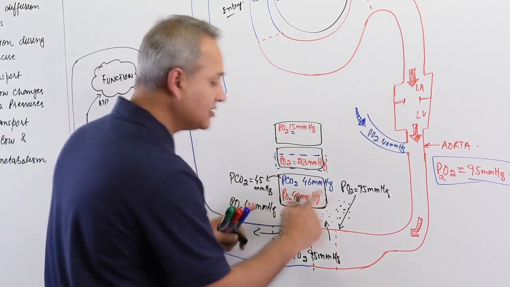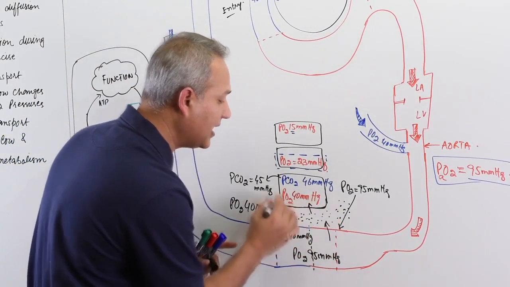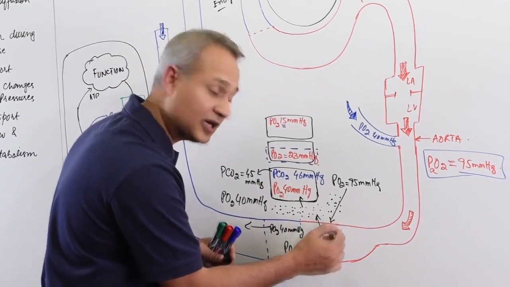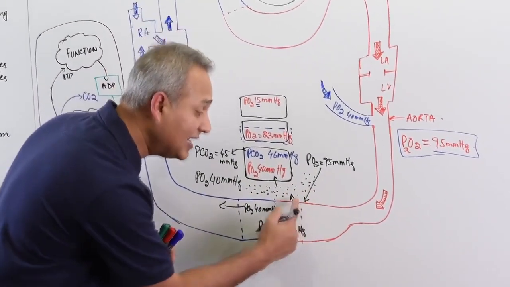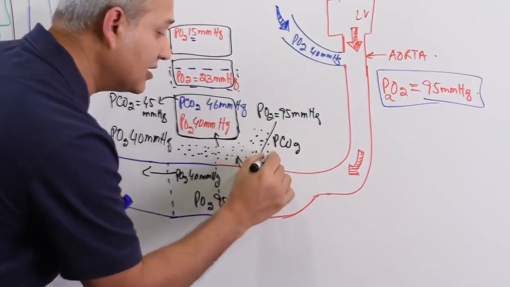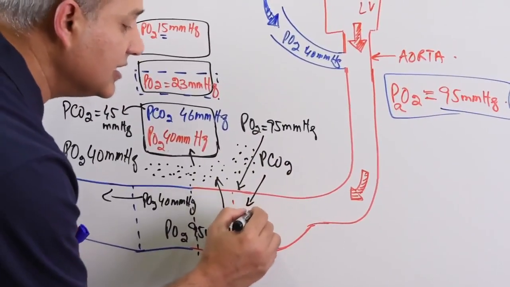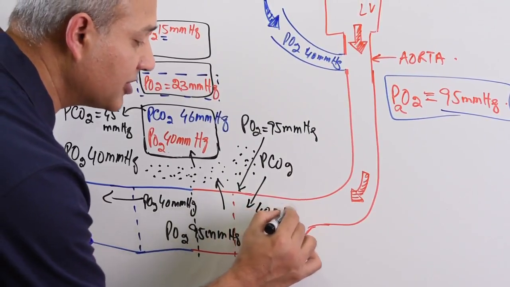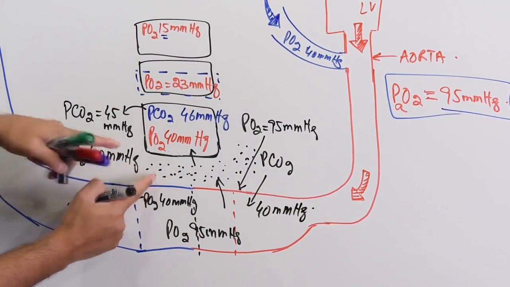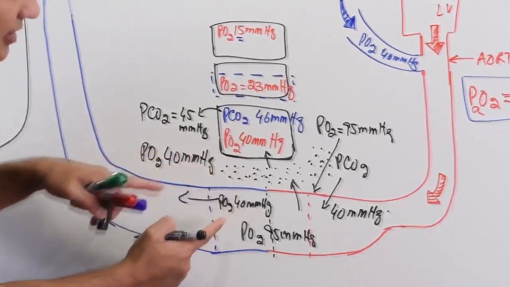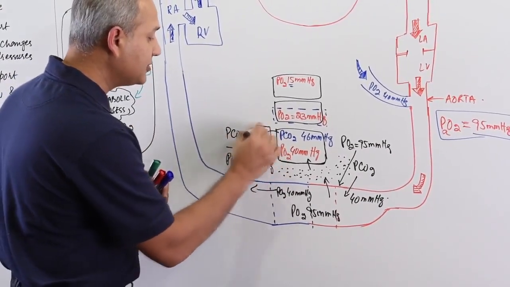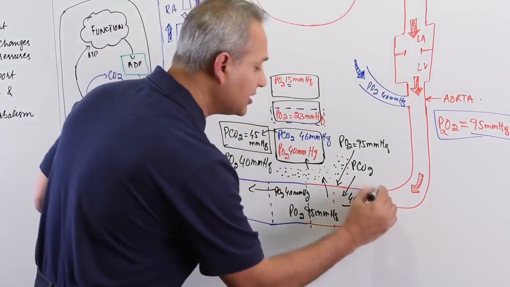Okay, now the interstitium has the 45 millimeter. What do you think is the carbon dioxide pressure in the blood when the blood enters the capillary? The PCO2 in the blood at the entry is 40 millimeter of mercury. So what is the gradient between the interstitium and the blood? 5 millimeter, right? It is 45 here and it is 40 here.